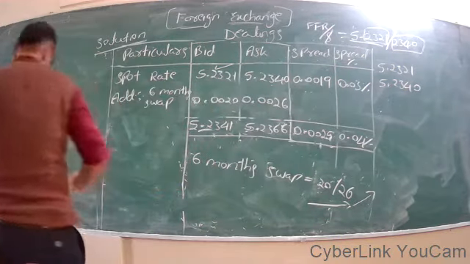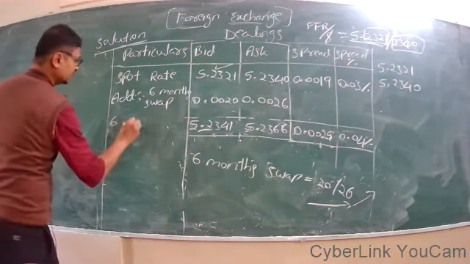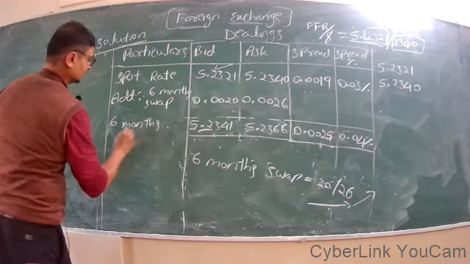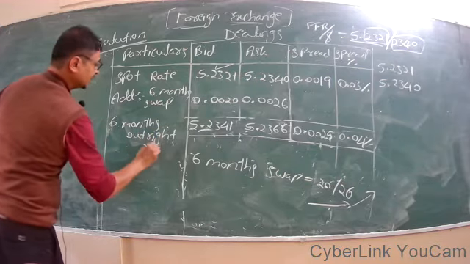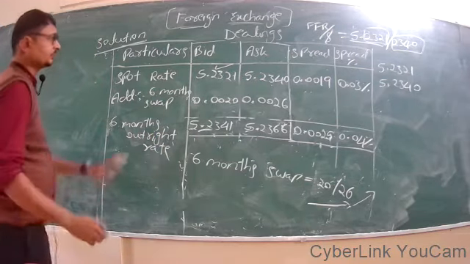And the answer is the 6 months forward rate or 6 months outright rate, right?